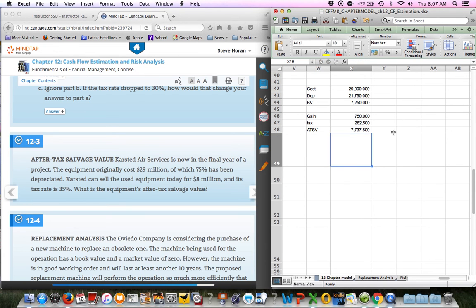So I'm going to pay a tax of $262,500 and I'm receiving $8 million, and so the net number that I would include as a cash flow for this is $7,737,500. So that's my net after-tax salvage value. Okay, there it is.